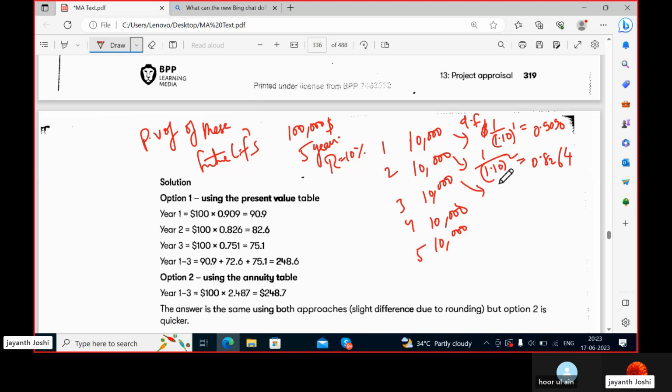Third year, 1 by 1.10 whole cube, 0.7513. 1 by 1.10 whole power 4, 0.6830. 1 by 1.10 whole power 5, 0.6209. So these are the discount factors. Okay, I'll write them neatly here so you can have an idea.